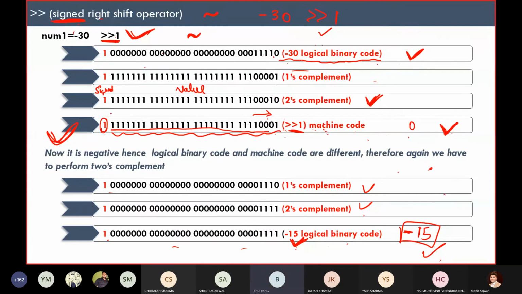Got it? So that is why we will get only one blank space over here. Which value should we put over there? We will generally put 1 over there. Whatever the value we have in our sign bit, we generally put it over there. For a negative number we always get 1 in the sign bit, so that is why we will always get 1 over there.